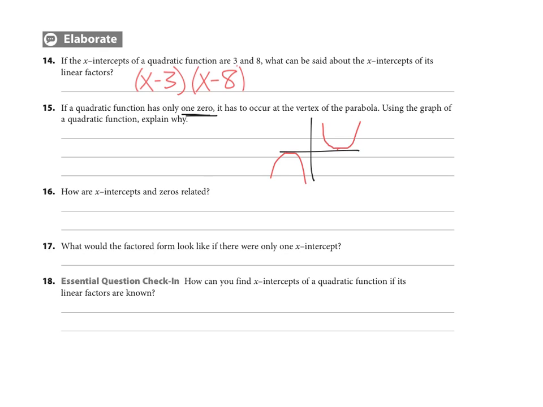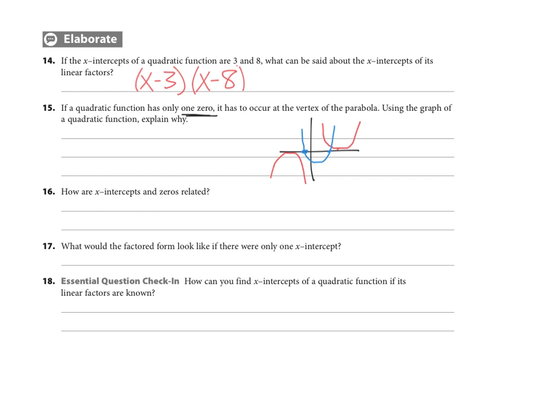Otherwise, if you draw a function that crosses the x-axis twice, it's going to have two zeros. So the only possible way that a quadratic can have one zero or intersect the x-axis one time is at its vertex. And that's a special case, and we'll look at that later on.